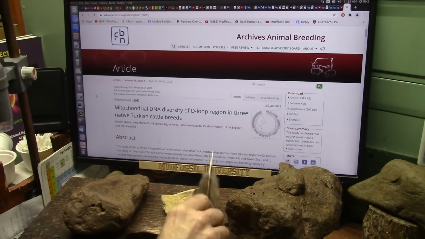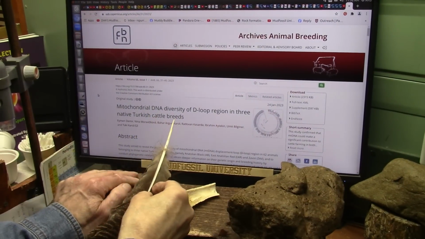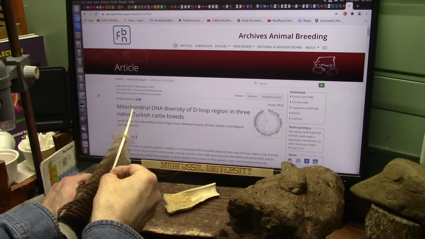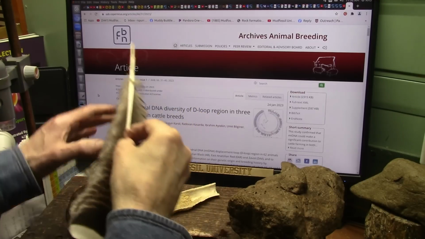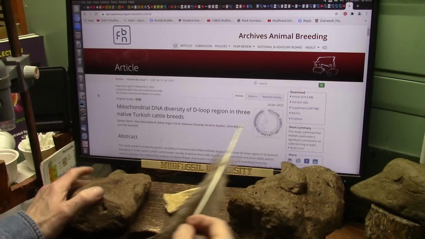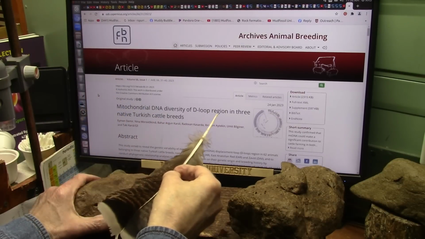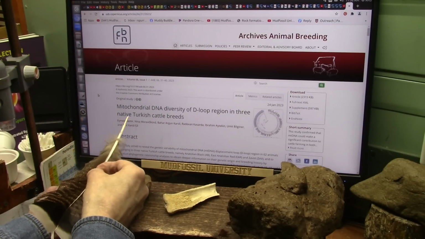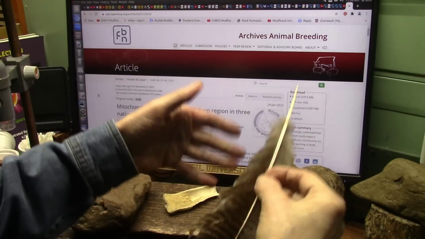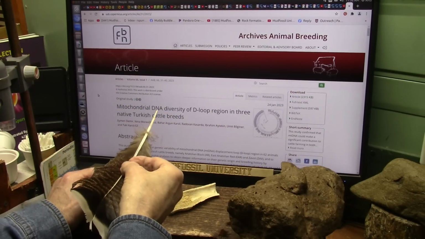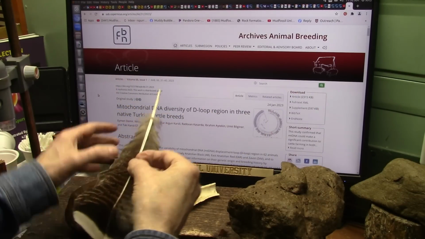You see, this is basically, they're talking about cattle breeds. It doesn't matter. The mitochondrial DNA, which is this D loop region, is different for every species. And they're talking about 3 native Turkish cattle breeds. They're different cattle, but they have a different DNA signature in the mitochondrial DNA.